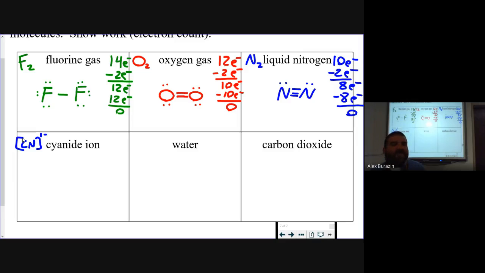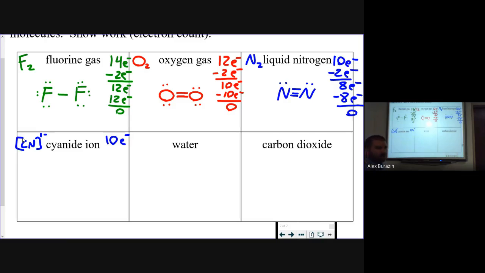Nitrogen, column 5 or 15, so it has 5 valence electrons. That's 9. But what does that 1 minus mean? It means there's an extra electron. So I have 4 valence electrons from the carbon, 5 from the nitrogen, and an extra because of the 1 minus charge. I have 10 electrons to work with.